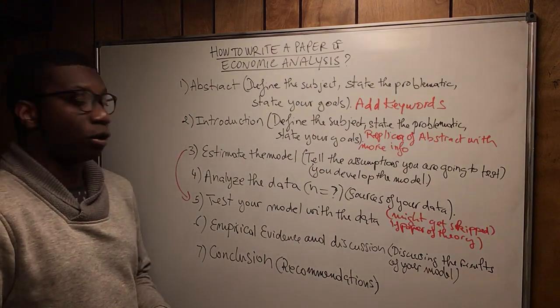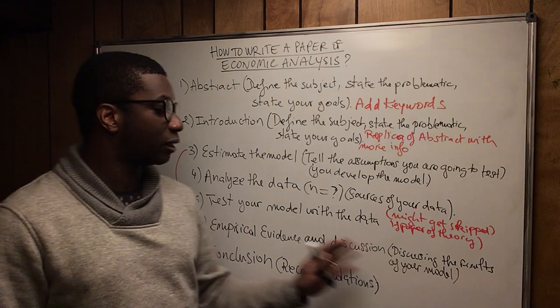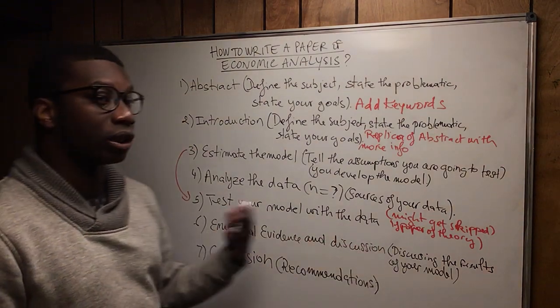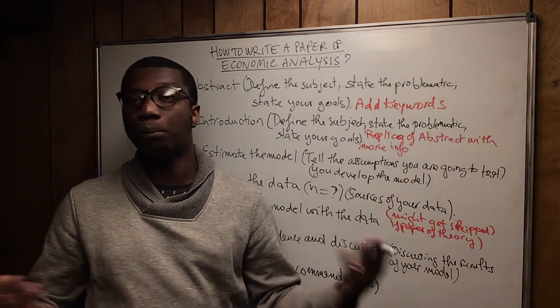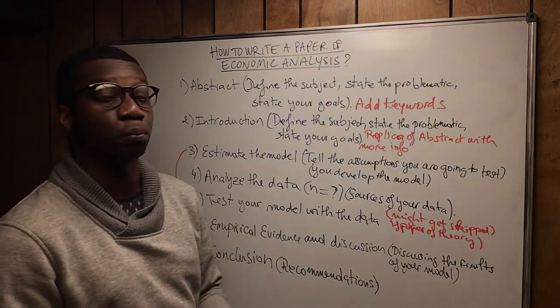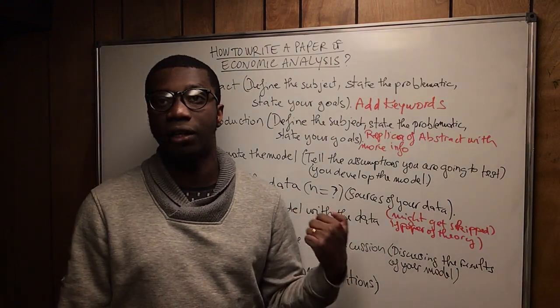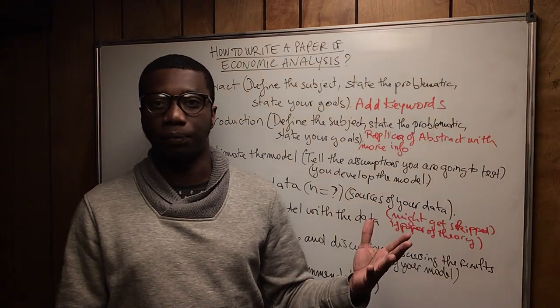So if it's a paper of economic theory, specifically a paper of mathematical economics, you may skip part 4 because what you're basically working on is a theory. You're not even proving that your theory is true, because in order to prove that, you need the data. You have to confront your theory with the data. Until you've done that, you're just writing a theoretical paper.